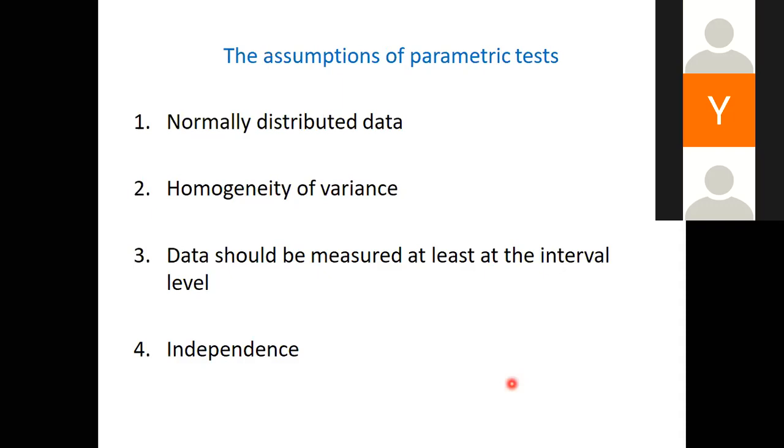It is the most violated, because when it comes to paired sample, dependent sample, that one is violated. Before and after measurements are from the same group of people. So in paired t-test now, this number 4 is violated.